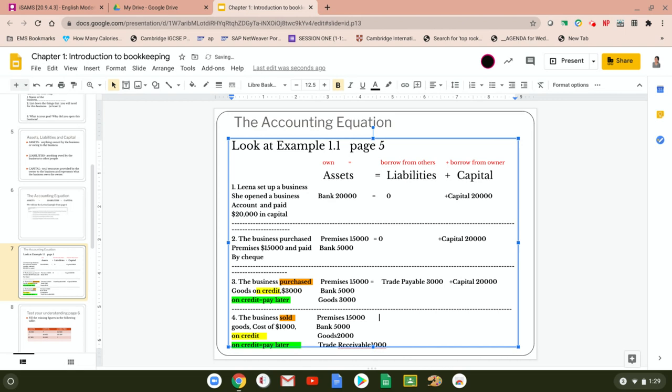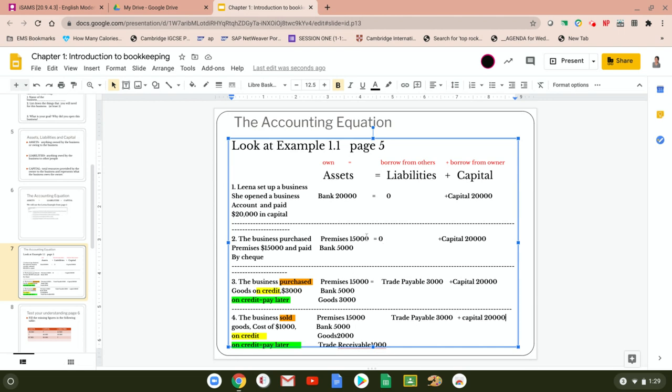All right. Now, if we add this all again, trade payable, 3,000 plus capital of 20,000, the accounting equation is still equal. So let's recall a little bit. The first day, 20 on the left, 20 on the right.